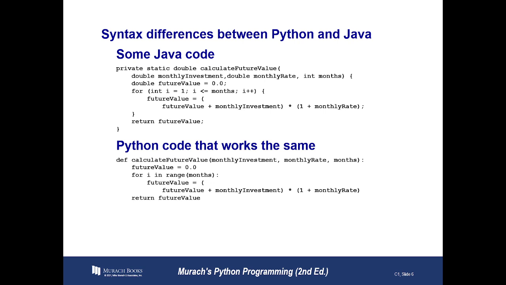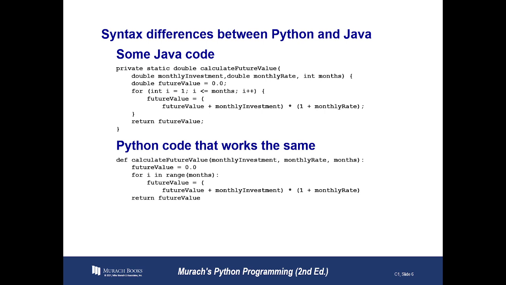Here we see the difference between Java and Python. You can see that Java requires, to create what's called a function, a header, which declares the accessibility, private, the storage resource, static, and then double is the data type of the return value, and the name of the function using camel casing.